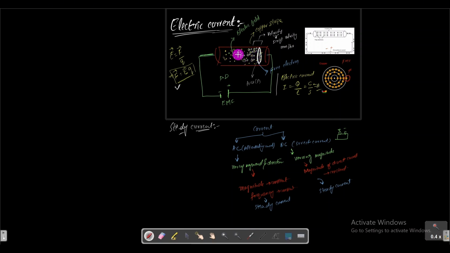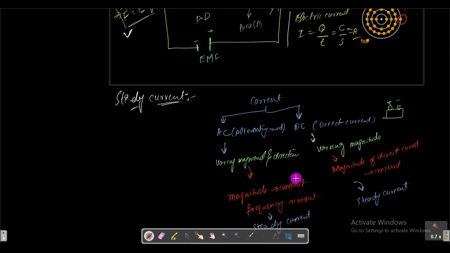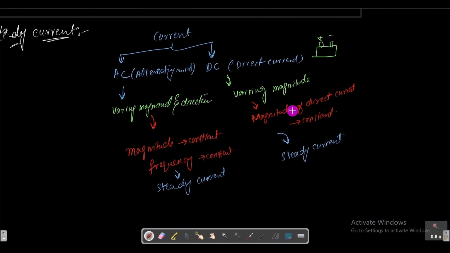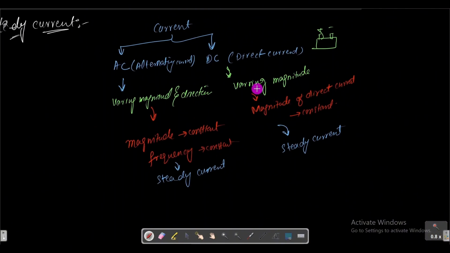In other words, if we take the density of these electrical charges as constant and consider them passing through an area per unit time, we call that a steady current. So steady current is associated with the constant magnitude of the current, but that current may be AC or DC.